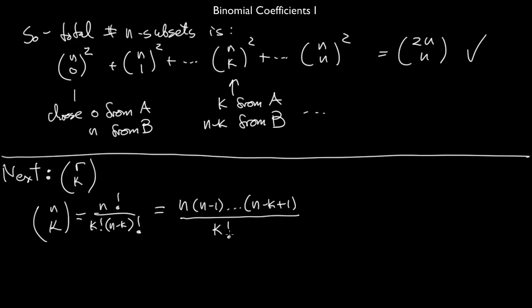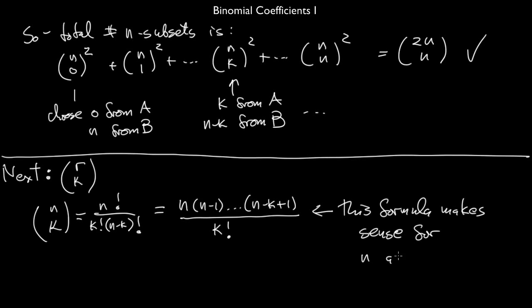That's a basic property. And when you write it this way, this makes sense. N doesn't have to be an integer. N factorial, n has to be an integer, but this thing, n times n minus 1 and so on, makes perfectly good sense for n, any real number.